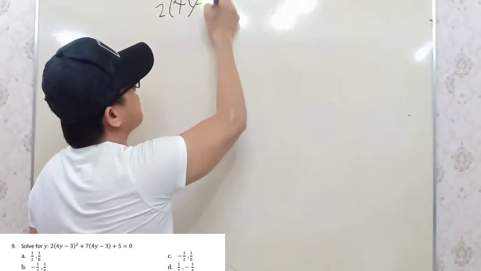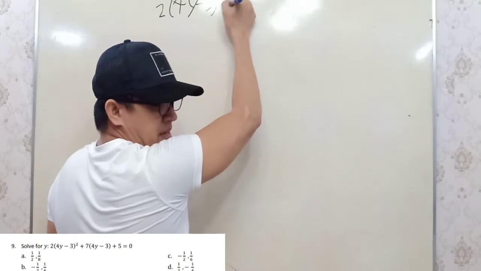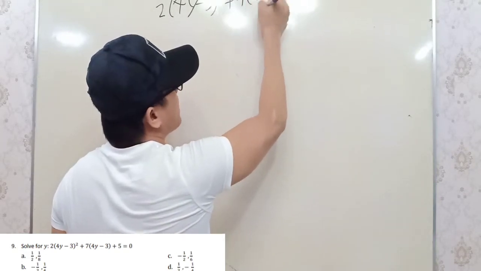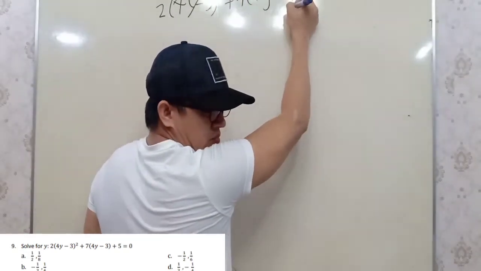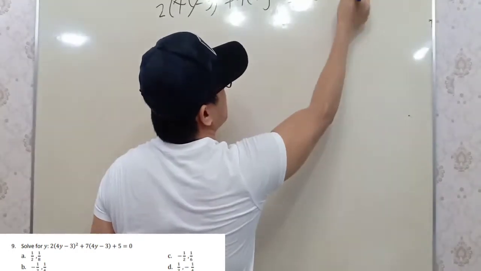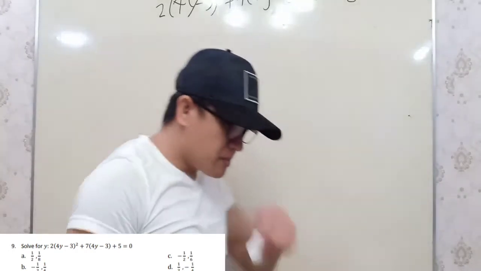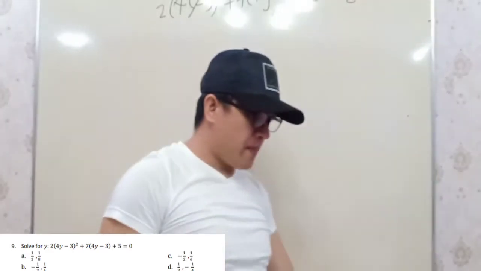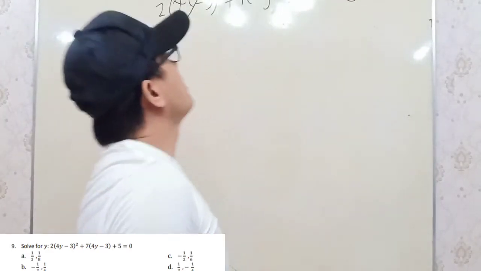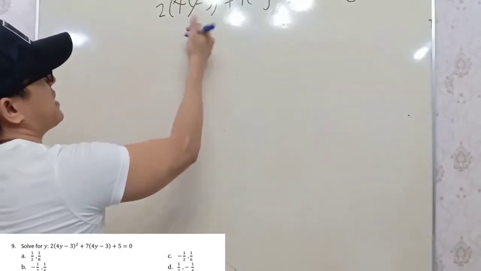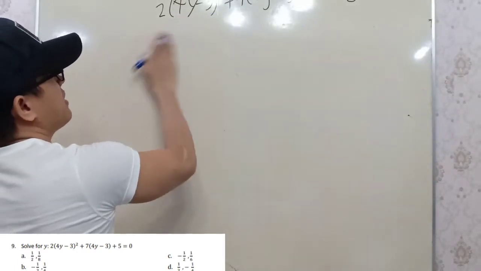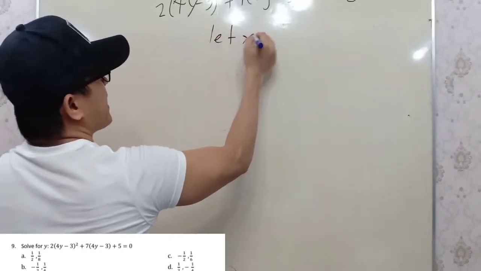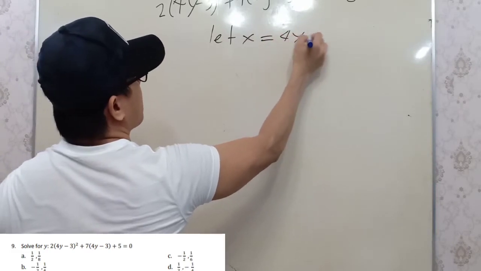4Y minus 3 squared. Plus 7 times 4Y minus 3. Plus 5 is equal to 0. Okay, there we go. Okay, so we let this one as x. So we say, let x equals to 4y minus 3.